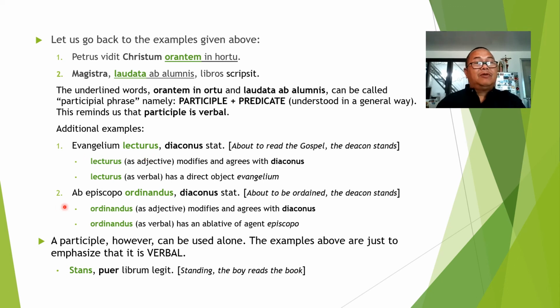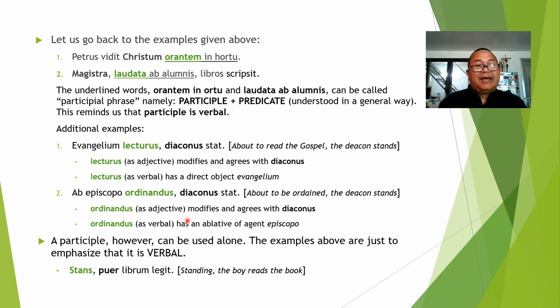In the second example, ab episcopo ordinandus diaconus stat. About to be ordained by the bishop, the deacon stands. So, ordinandus is a gerundive. As an adjective, it modifies diaconus and agrees with diaconus in gender, number, and case.